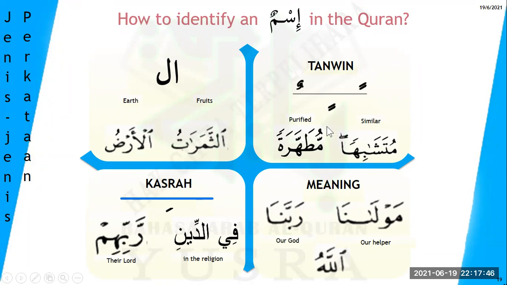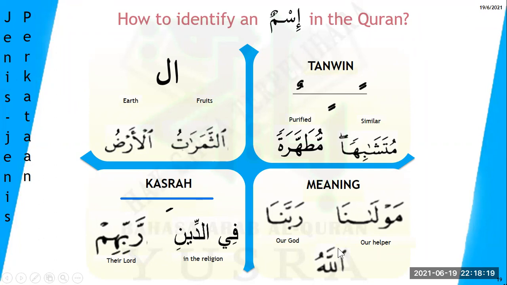Then the words that end with a kasra, like ad-din, fid-din: ad-din is religion, so it's a noun. And Rabbi is a noun. The pronoun 'him', of course, is a noun. Rabbi has a kasra on the letter ba, so it becomes a noun. This one is easy to recognize now.